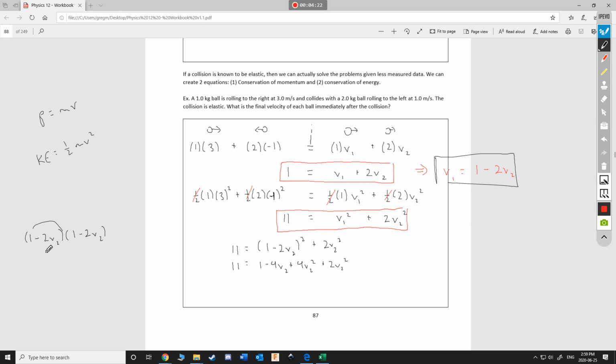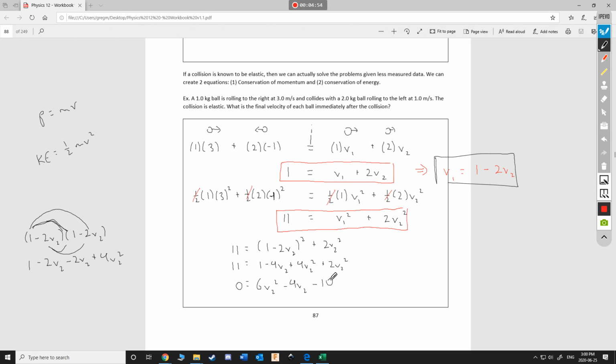So first 1 times 1, then 1 times negative 2v2, then negative 2v2 again, then I get plus 4v2 squared. Okay, so that's all I did right there. Now we're going to group like terms, so I get 0 is equal to 6v2 squared minus 4v2, and it looks like minus 10.